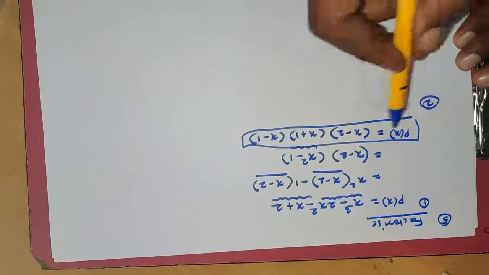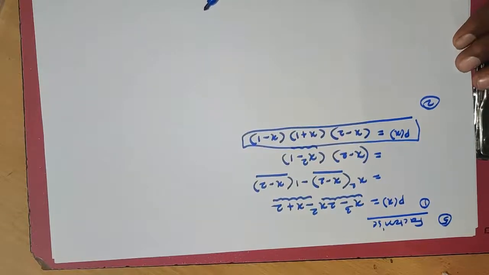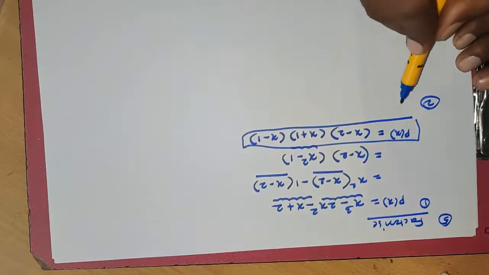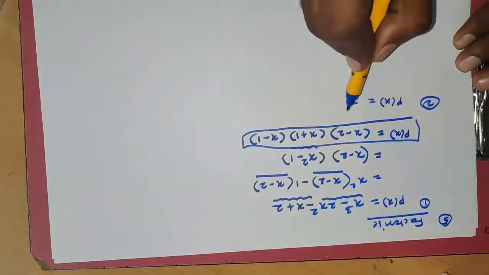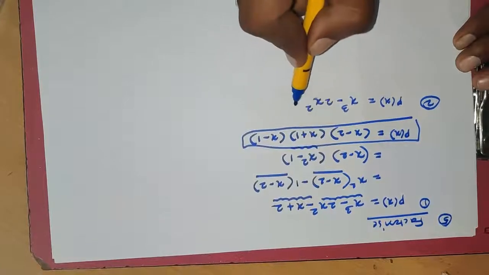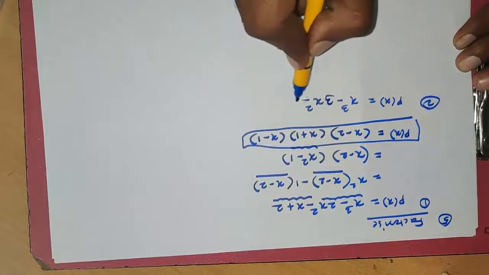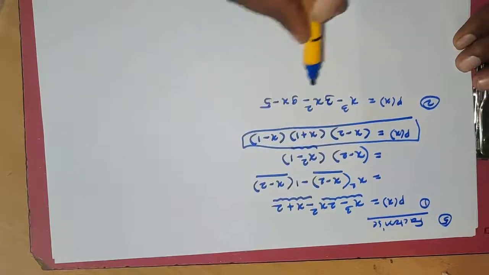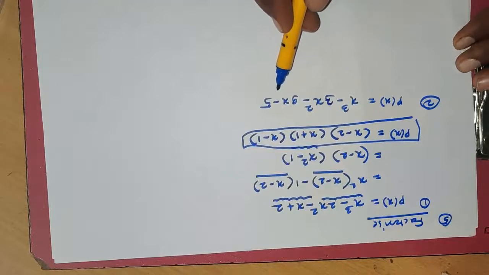But in every example this factorization won't be possible, so we have to use another method. For example, p of x is equal to x cube minus 3x square minus 9x minus 5.